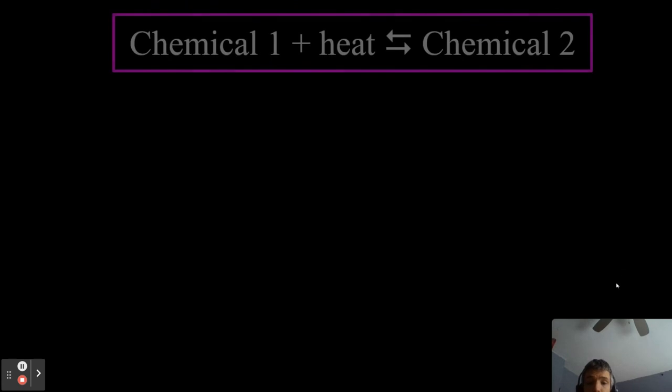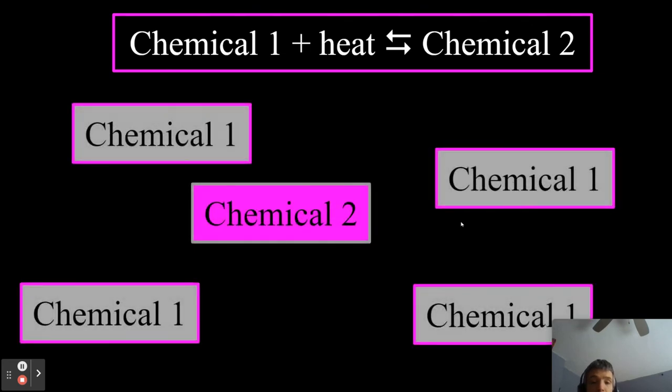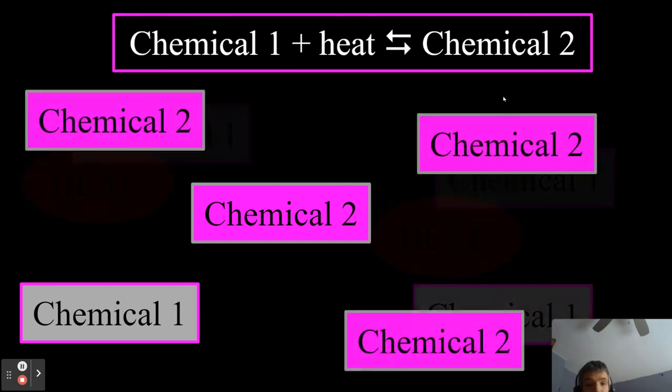Let's just pretend this is our equation. I've got these chemicals, and you can see it's shifted; I've got more one than two. If I start to add heat to it, it wants to get rid of the heat. The only way the system can get rid of the heat is by turning chemical one into chemical two, and that's what's going to happen.